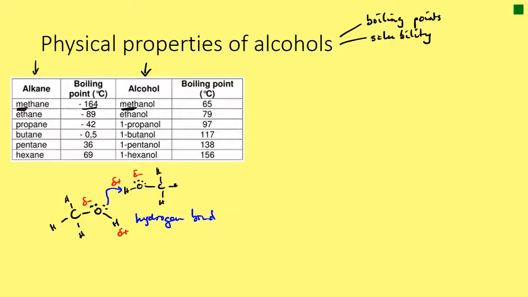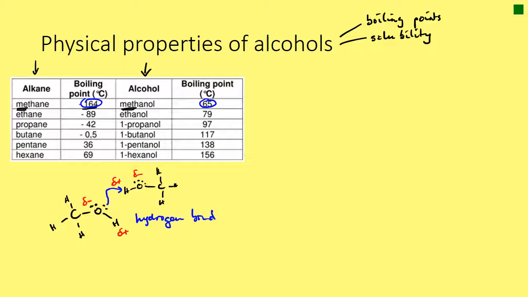And as you know, those hydrogen bonds are the strongest type of intermolecular force, stronger than dipole-dipole, stronger than van der Waals or London dispersion forces, and that's why we've got a much higher boiling point for the alcohol compared to the corresponding alkane.